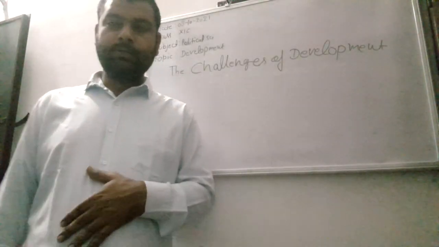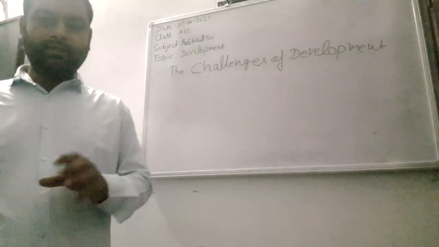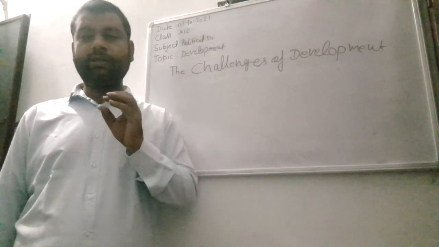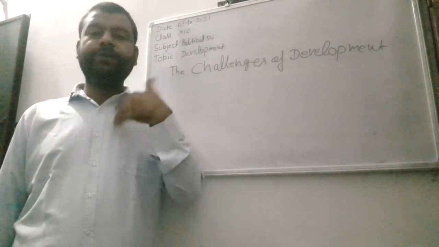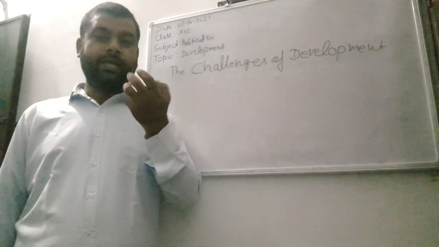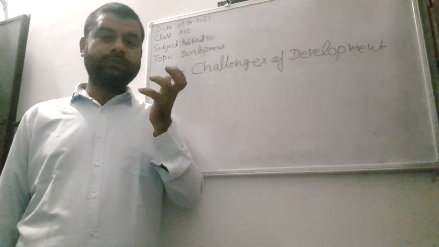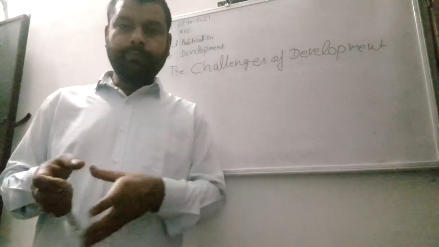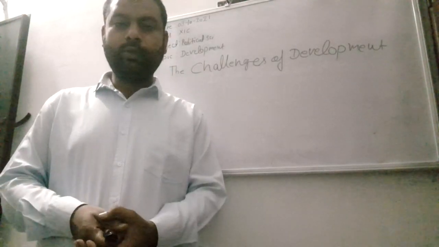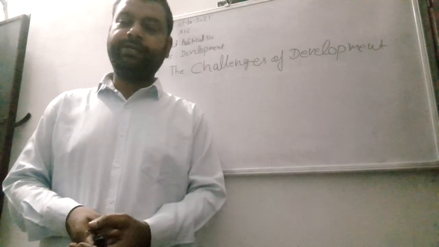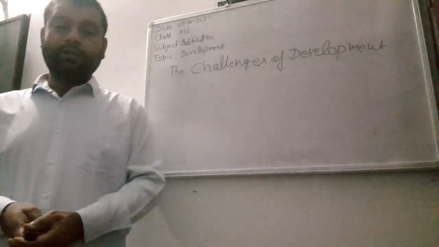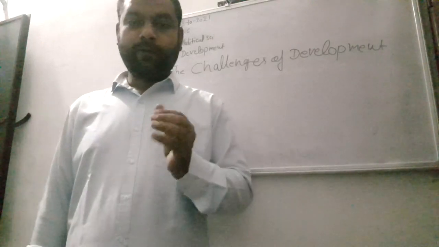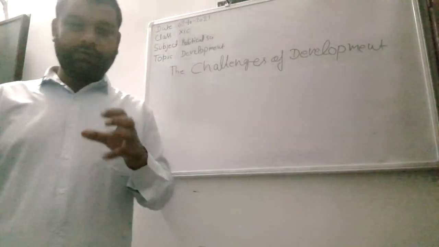They were not provided any benefit, because the model of development at that time only benefited the colonial master, and did not benefit the people living in the colonies. Only the colonial master was benefited. That is why the economies of Asian and African countries were very weak.